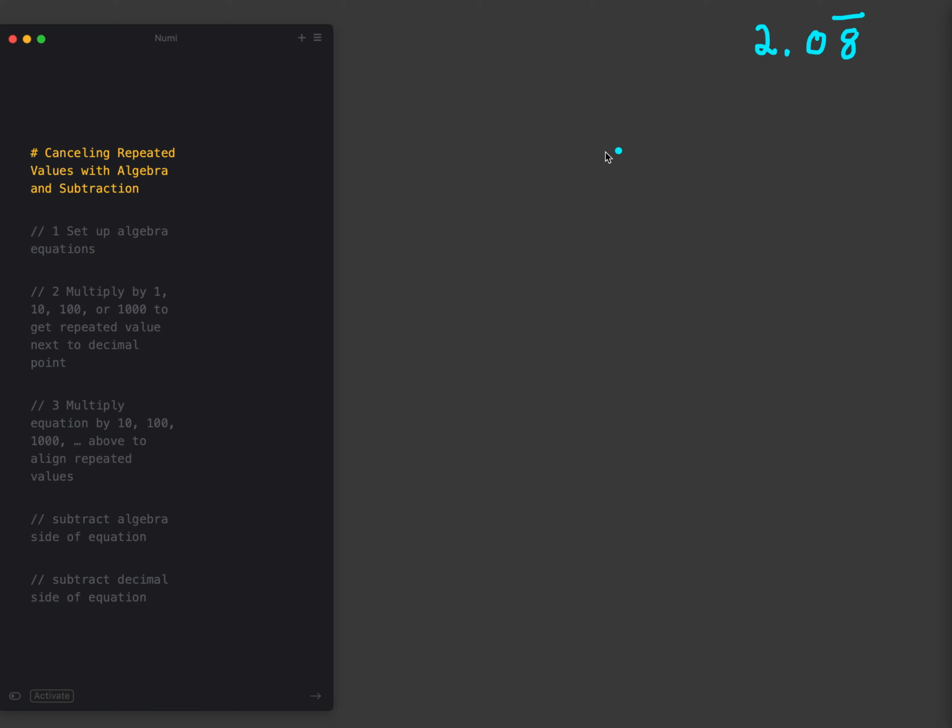All right. So in this case, we're going to set up the algebra equation just like always. We're going to have our 2. And I don't want to delete that, so let me put that back. So we are going to set up our algebra equations, and it's always going to just be x equals for this. So we need to actually fill in these algebra equations, and we have it set up now.